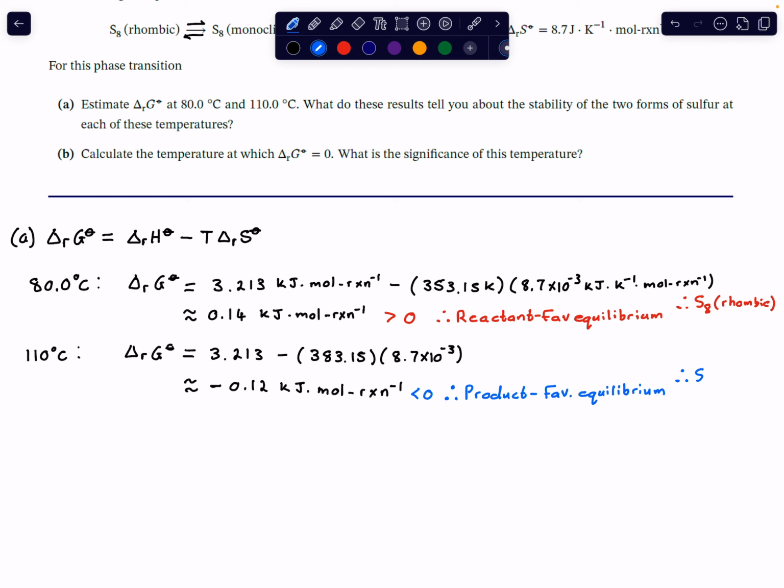In other words, we have mostly the S8 monoclinic. All right. And that is exactly what the question is asking us about. What does it tell us about the stable form at these temperatures? So therefore, at 80 degrees Celsius, this is the stable form.